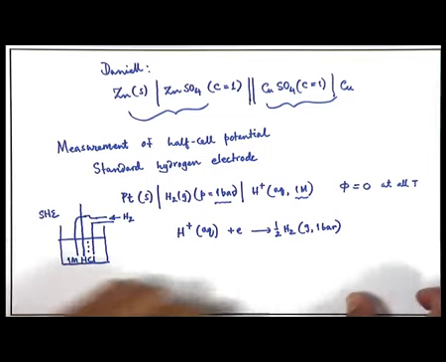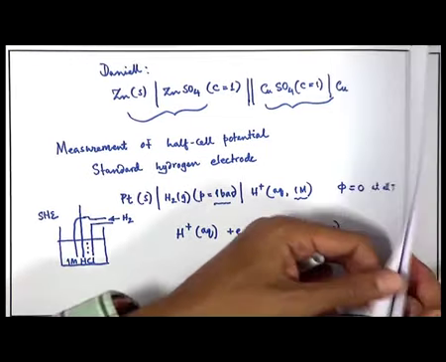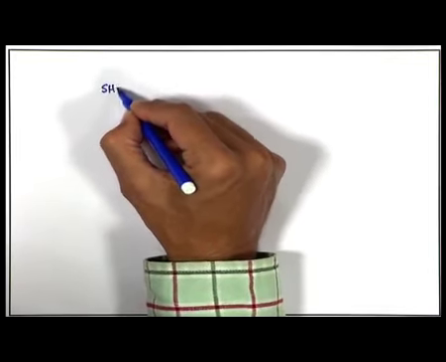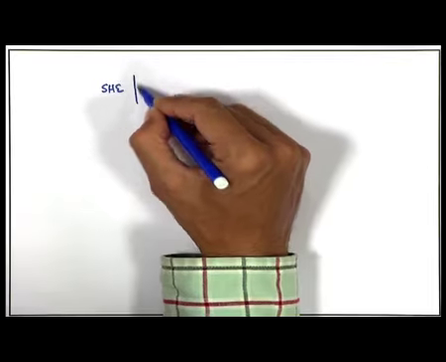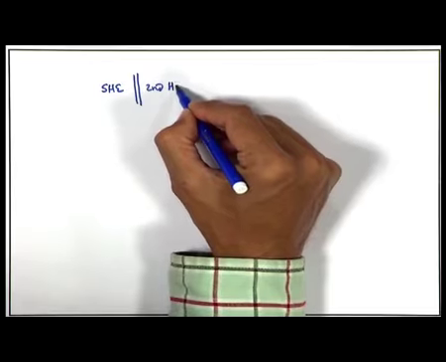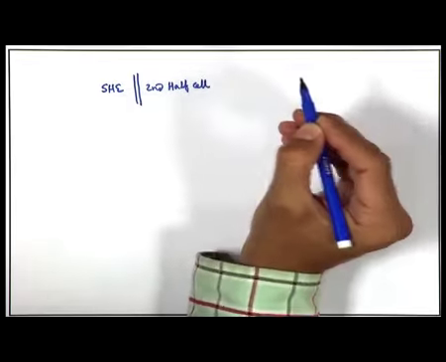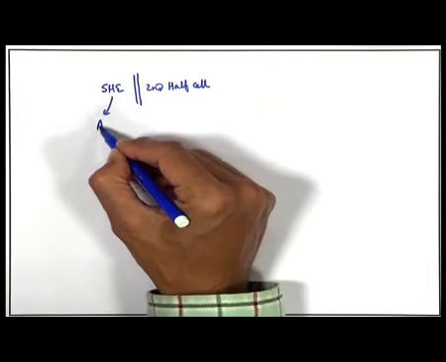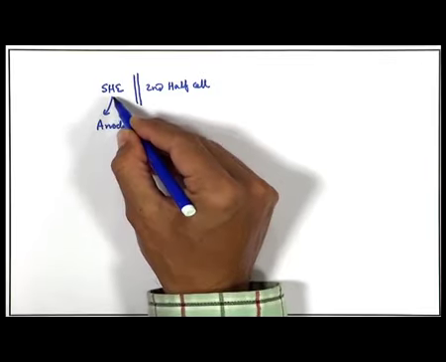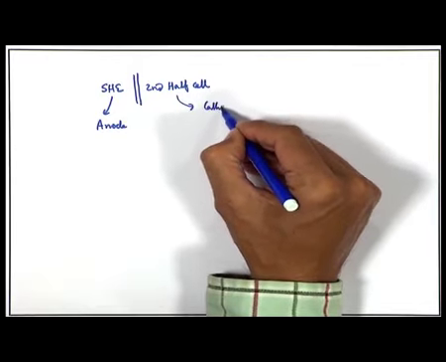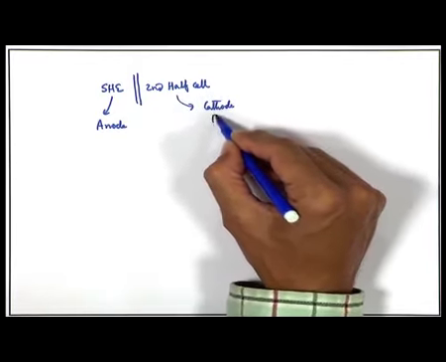Okay. So, briefly what is done, you couple this hydrogen electrode like this. I shall abbreviate it as SHE, and then you have this double vertical line, then the second half cell. Think that this is the anode, put on the left hand side, and this is maybe the cathode, the right hand electrode.